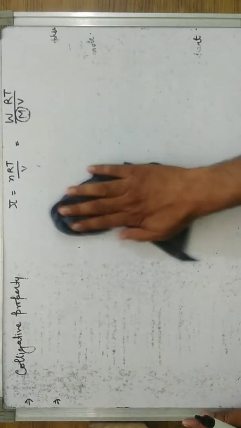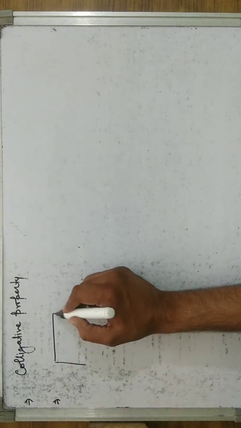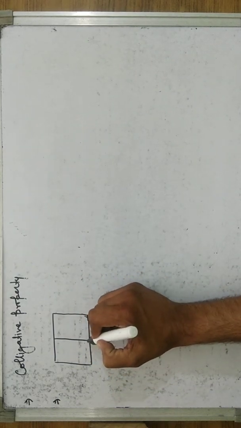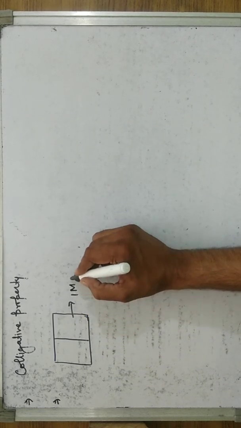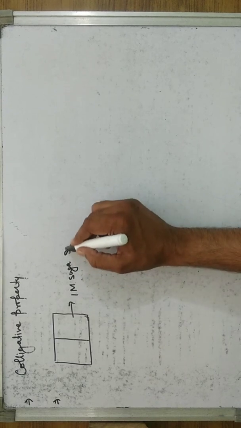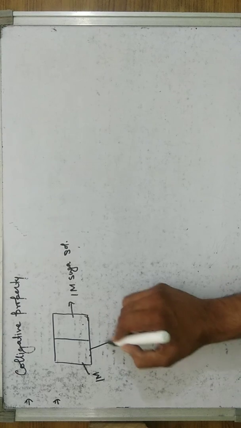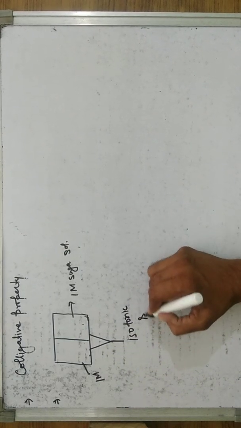this osmotic pressure. Here we prove that osmotic pressure is a colligative property because it depends on the number of solute particles. Now take a container separated by a semi-permeable membrane. If we fill the two sides with solutions, suppose this is a 1 molar sugar solution, this is another 1 molar sugar solution, they have the same concentration. These are known as isotonic solutions.